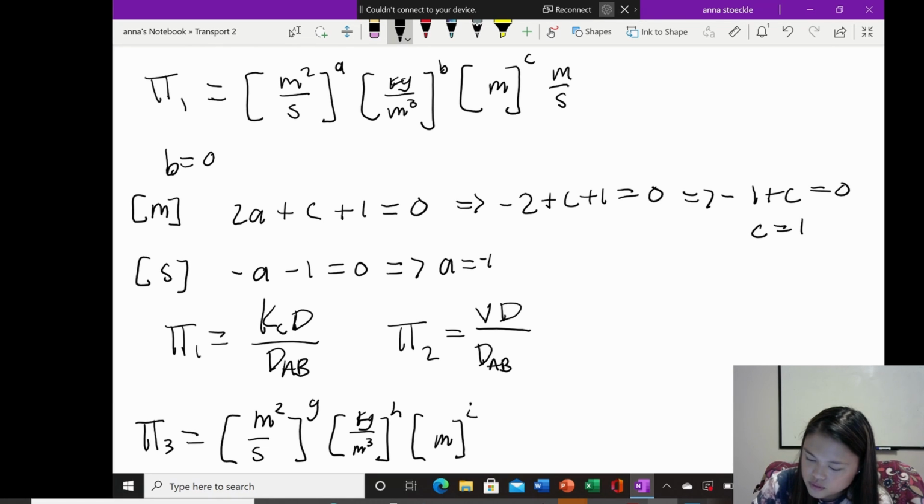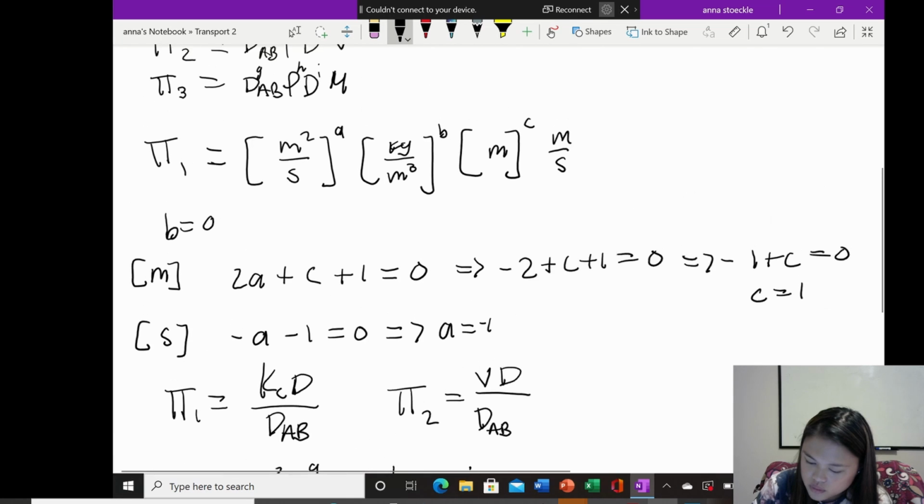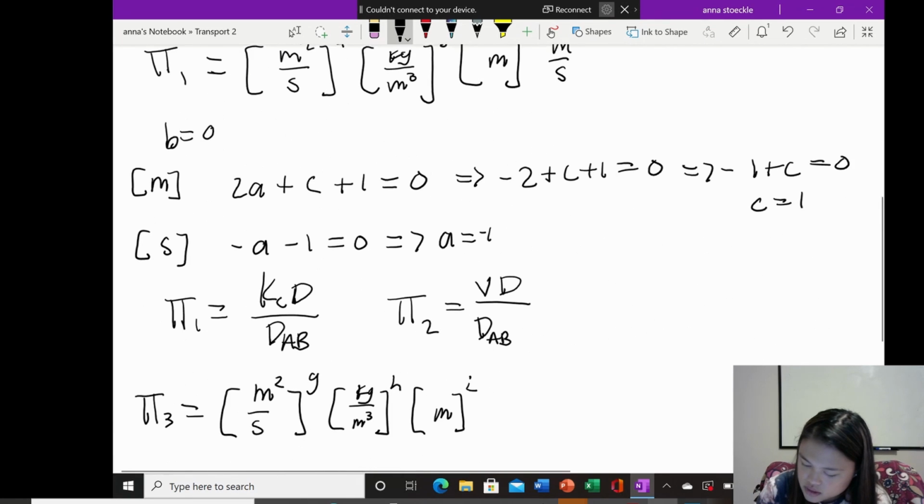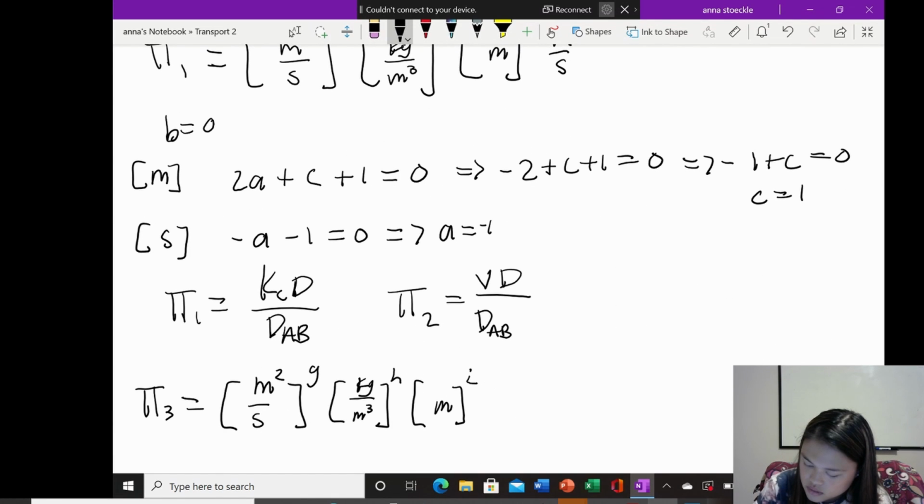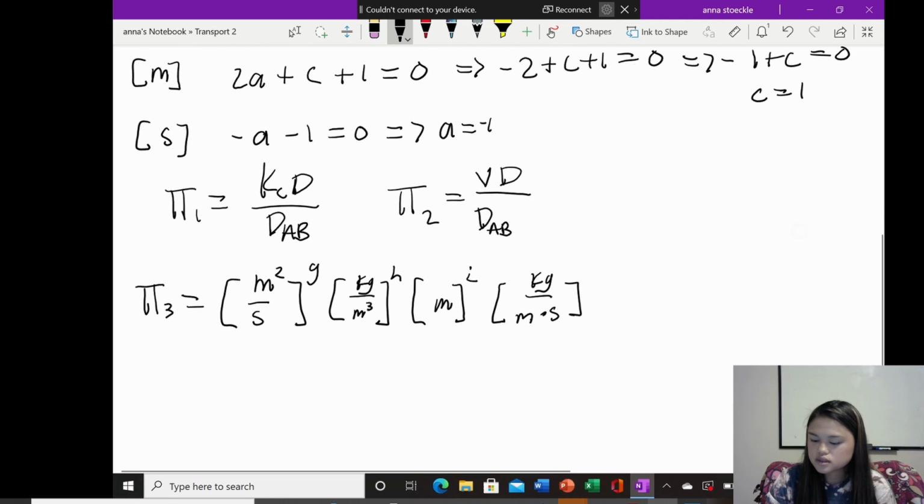But the variable we're interested in for the non-core would be that viscosity, which would be that kilograms per meters per second. So let's look at this.